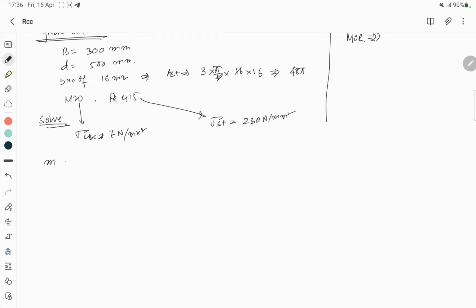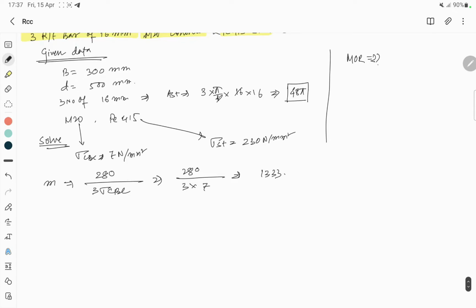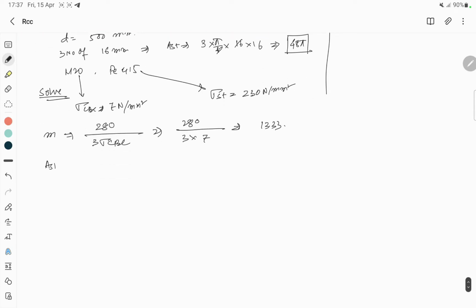Now we have to find the modular ratio, M equal to 280 by 3 sigma CBC. So 280 divided by 3 into 7, that is roughly 13.33. AST equal to 48.5. So 48 into 3.14 mm square, that means roughly it is 603.42.